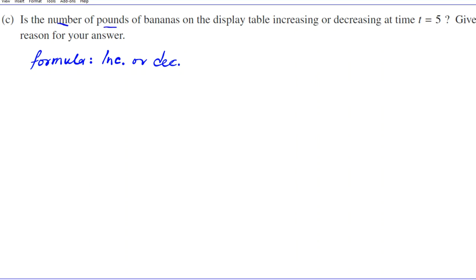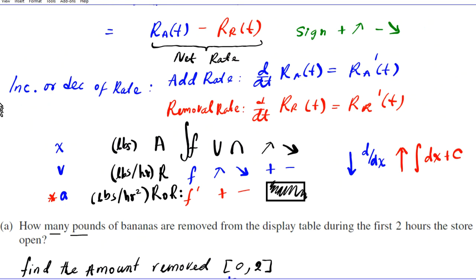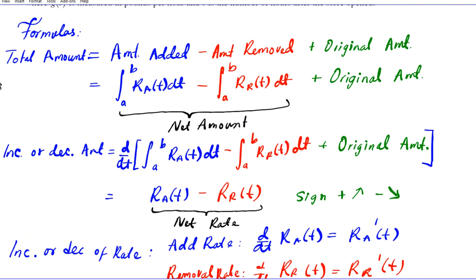Number of pounds of banana. Increasing or decreasing amount. Okay, we talked about this earlier. Let's go back and take a look at it. So, increasing or decreasing amount, we said if you differentiate this integral expression right here plus the original, or if you just look at the net rate, that will tell you if the amount on display is increasing or decreasing.